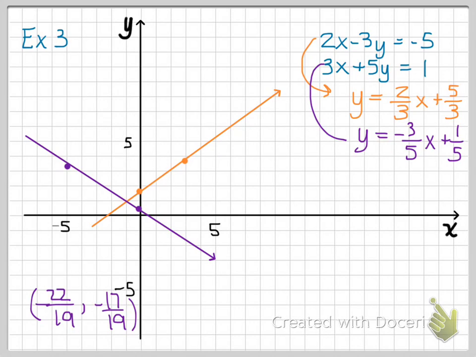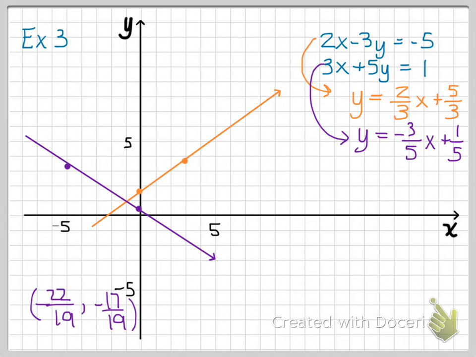Okay, so I'm going to talk you through how I quickly did this graph. I decided with this one that I wanted to put each of these equations into slope-intercept form so I could just graph the y-intercept and then count off the slope. So the first equation is this orange line here, the 2x minus 3y equals -5. Here's the y-intercept version of that line, and then the second one, here's the y-intercept version of that line.